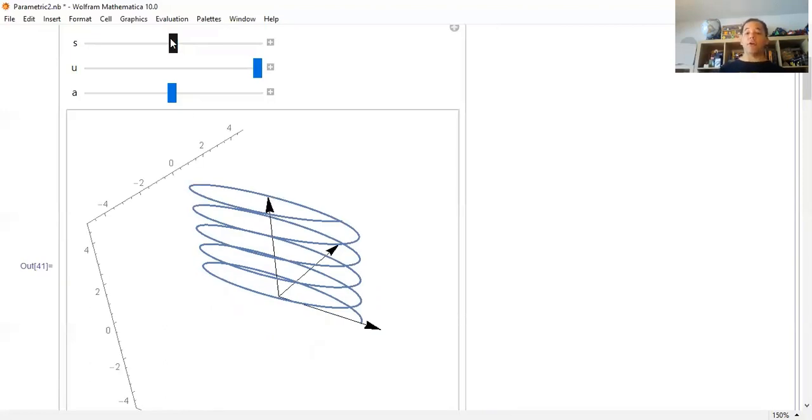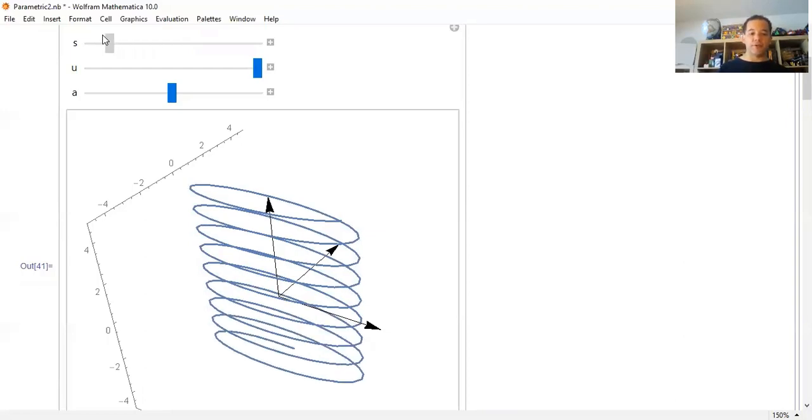Also, if I go to negative values of t, then it just goes in the opposite direction, just like I'm showing you right now. So this is the overall graph. It's just a spring that is sort of flattened. A spiral is the correct mathematical term. It's a spiral in the shape of an ellipse.